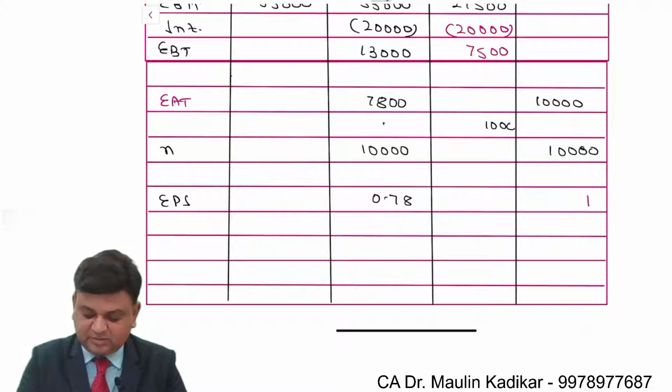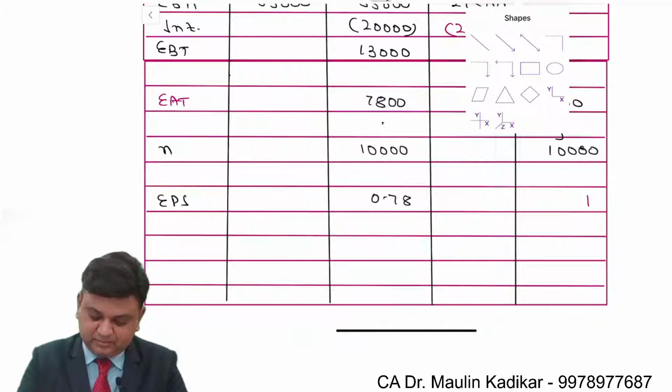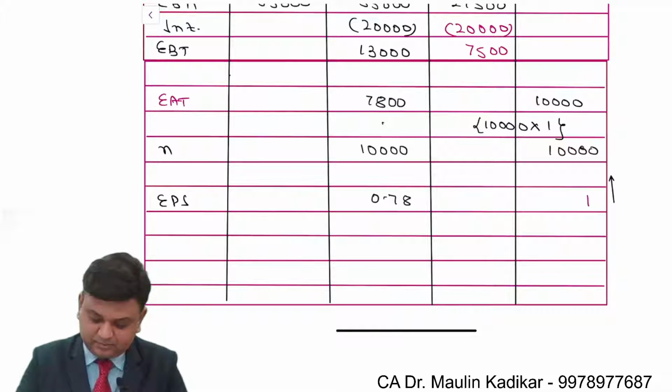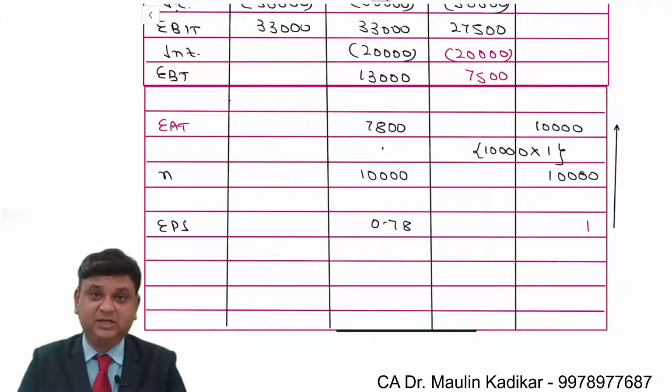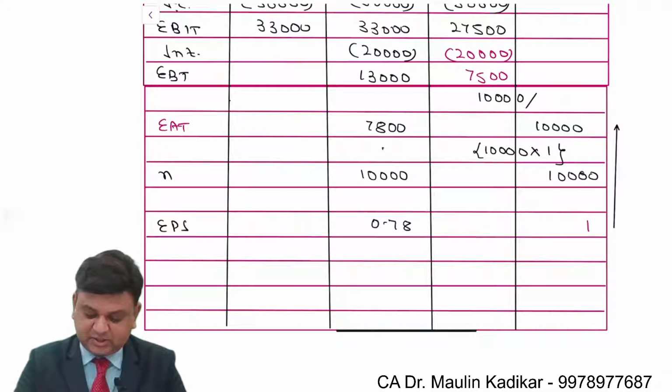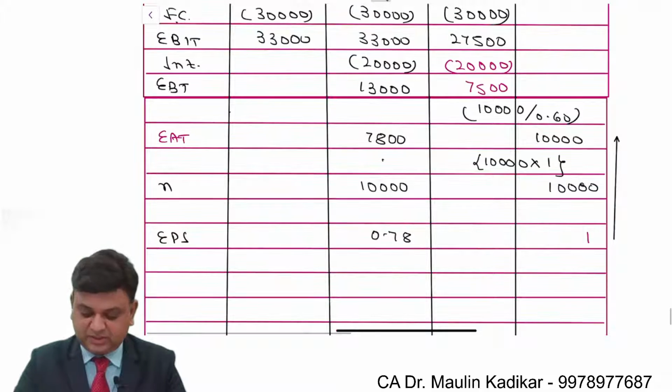It is 10,000 number of equity shares into 1 rupee per share. That is the way we make the backward working. Income tax rate is 40%. So 10,000 is required earning after taxes. So 10,000 divided by 0.6, that comes to 16,667.